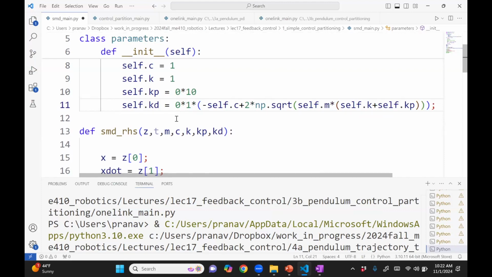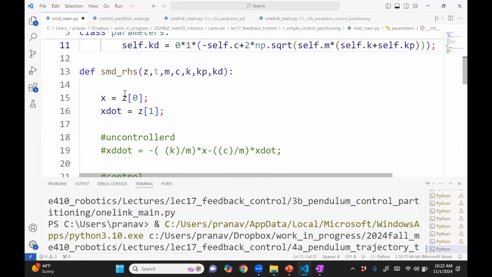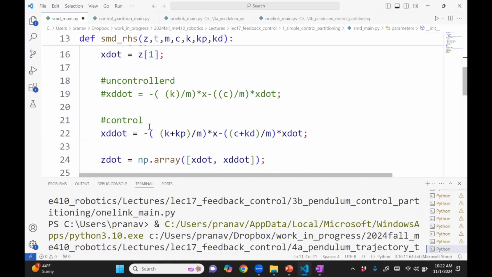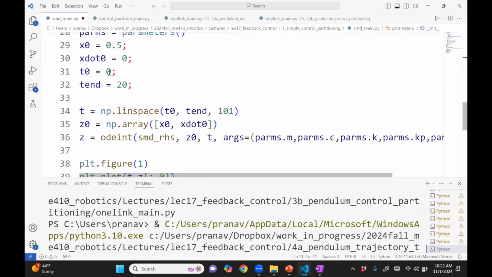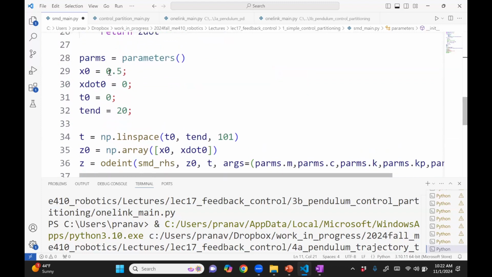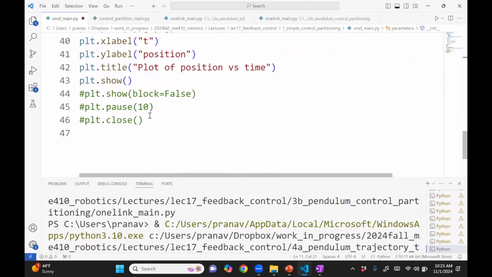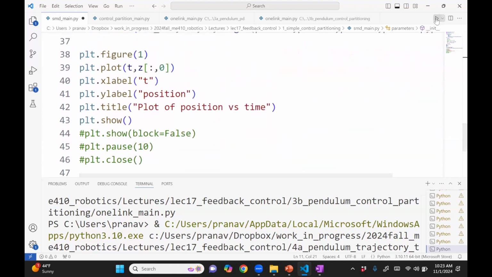That means it's free vibration. So very standard equations. I start the system with a positive displacement of 0.5, and then I'm just going to do a plot. So let's run this.